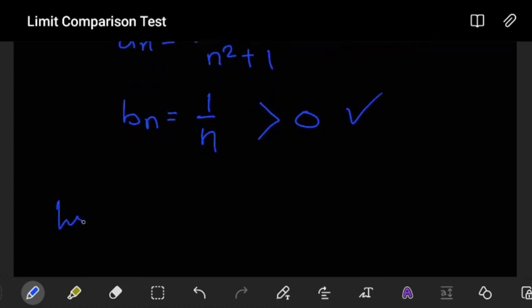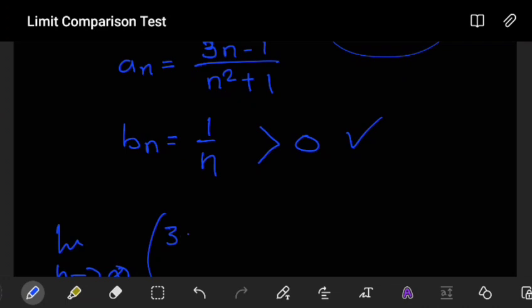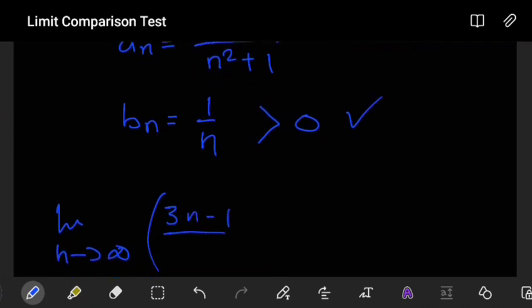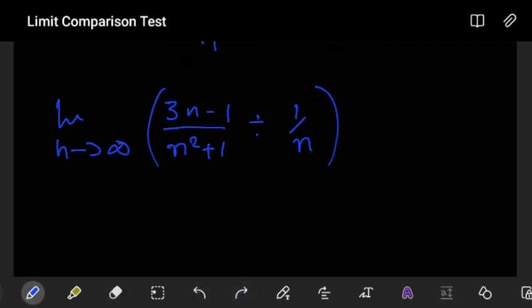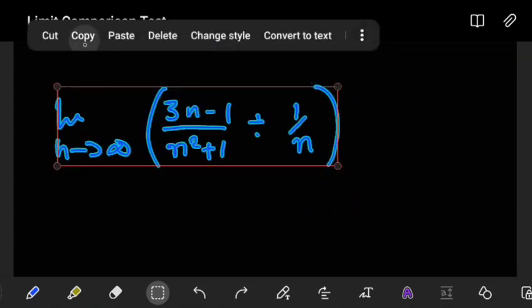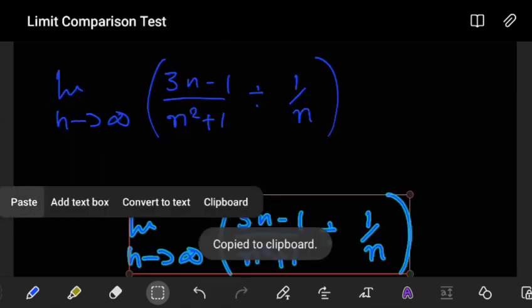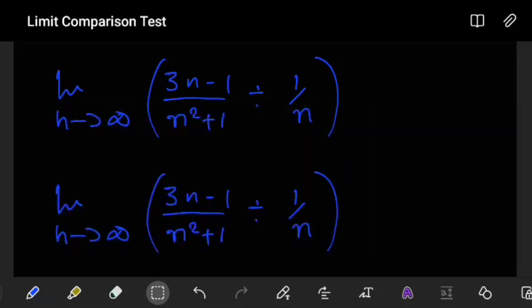So we now want to evaluate the limit as n approaches infinity of an divided by bn. Our an is 3n minus 1 over n squared plus 1, and then our bn, I'll just say divided by 1 over n. And then of course, when you change the division to multiplication, this expression will now become, the second term there is now just going to become n over 1.